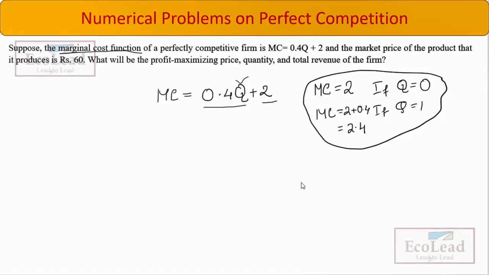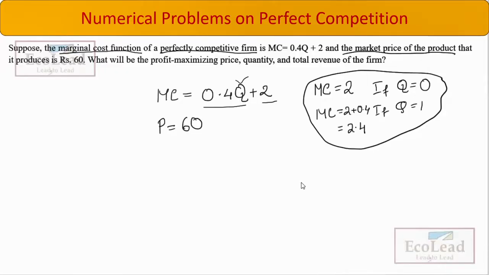Now the second thing is that the market price of the product is rupees 60. So in this case, as I said, a perfectly competitive firm is a price taker. So this 60 rupees is basically what the firm will charge for all units that it wants to sell.